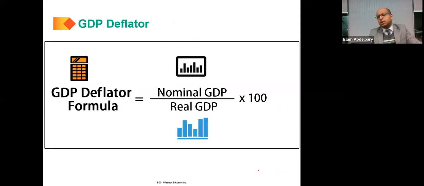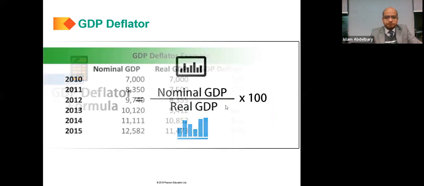So based on nominal GDP and real GDP, we can calculate the GDP deflator, which shows the ratio between the nominal, which includes the price, and the real, when we adjust the price. So it's possible to know the ratio of how prices increased in that economy.